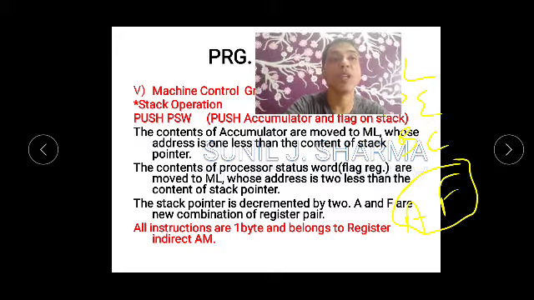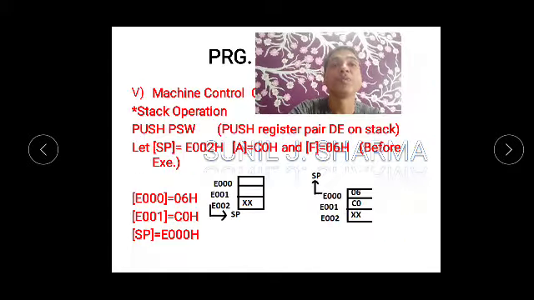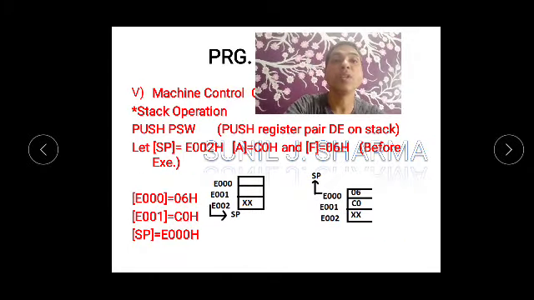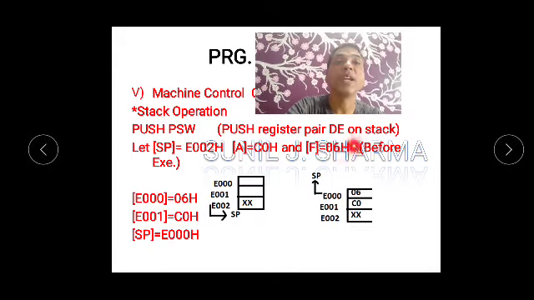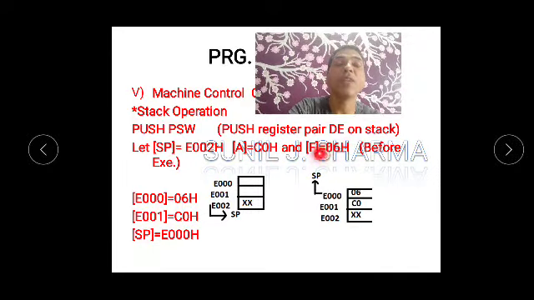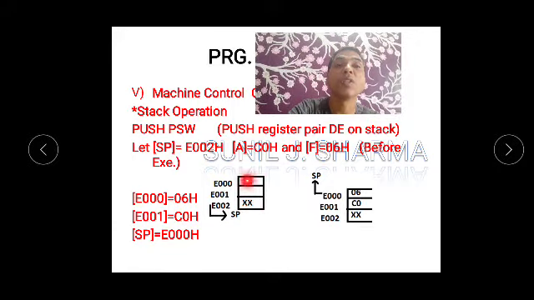So I hope you understood this. Now let's take an example. Now can you see PUSH PSW? Whatever the contents of the accumulator and flags, I just kept the same thing. The contents of the accumulator are C0, the contents of F, that is the flag, are 06. The stack pointer right now is pointing to E002. Now this is the before execution scenario.